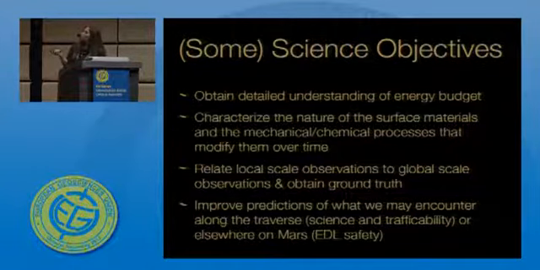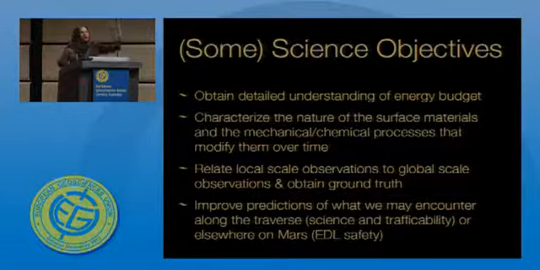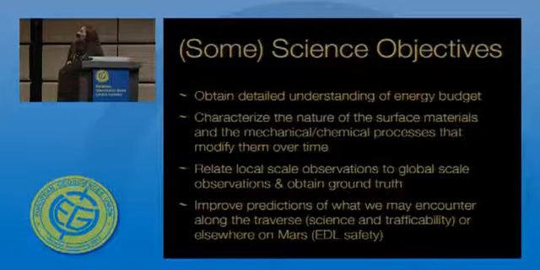We especially want to then relate the local scale observations we make with MSL to the global scale observations we obtain from orbiting platforms. This allows us to use ground truth to scale up to those global scale measurements and also give us sort of a bug's eye view of what those orbital instruments are seeing from so high up.